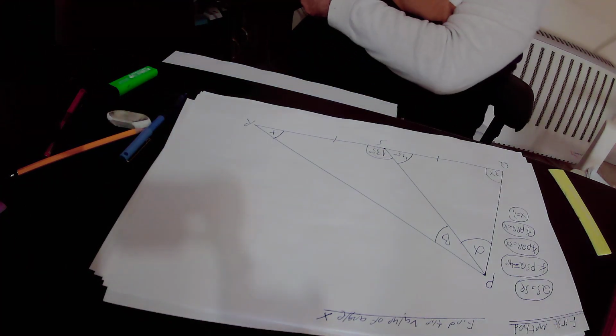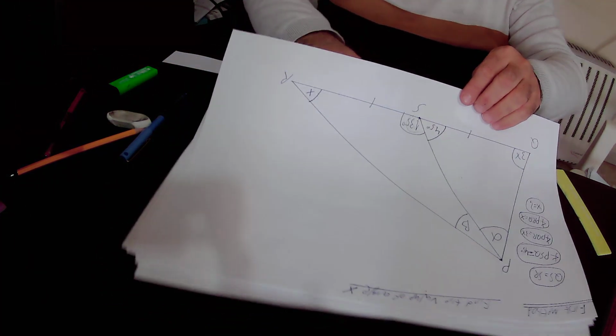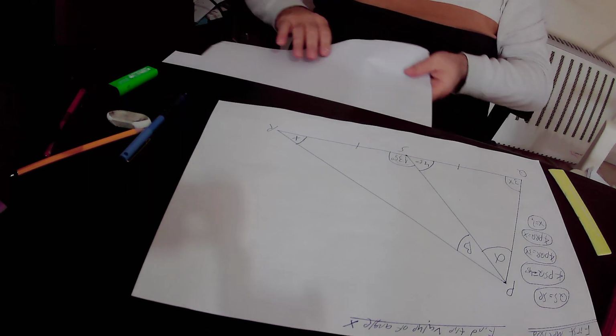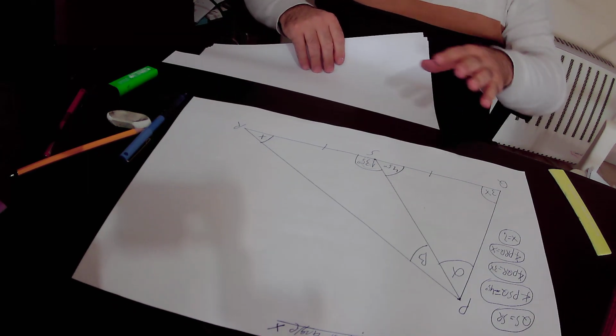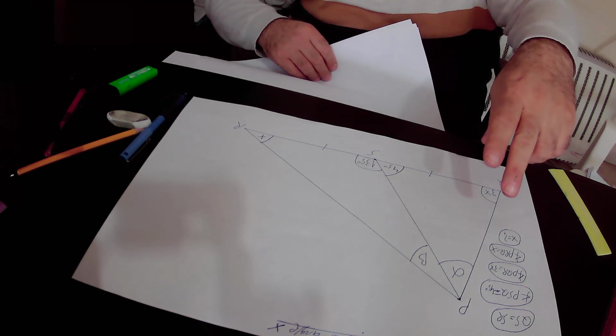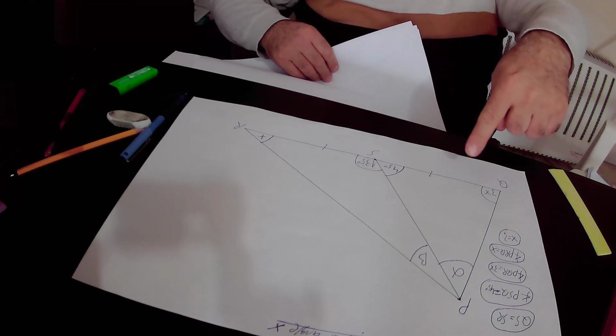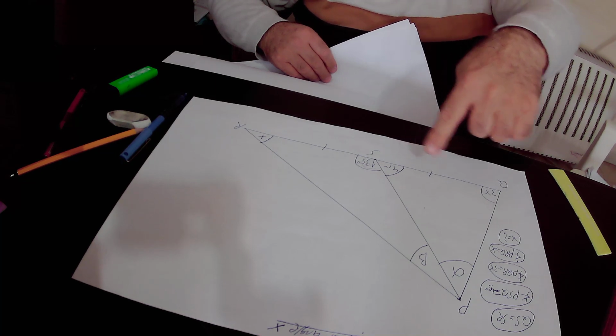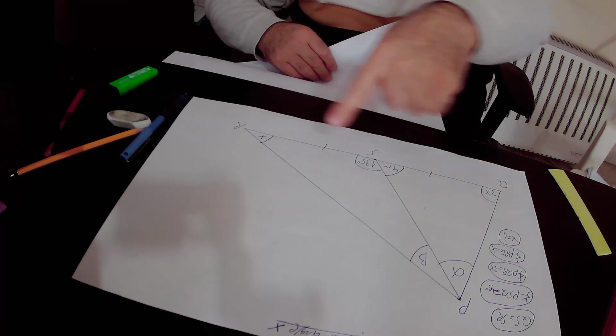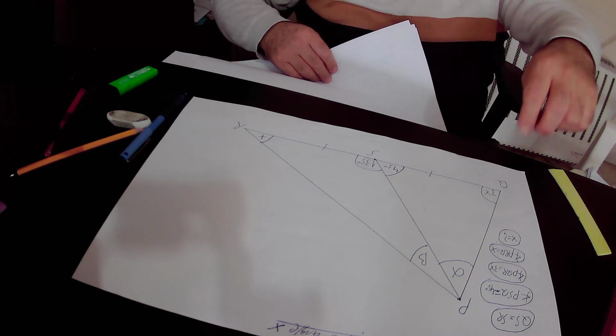In the first method, I repeat the question: we have here triangle PQR, QS equals SR, angle PSR equals 45 degrees, this angle equals 3x, this angle equals x, and we want to find the value of angle x.